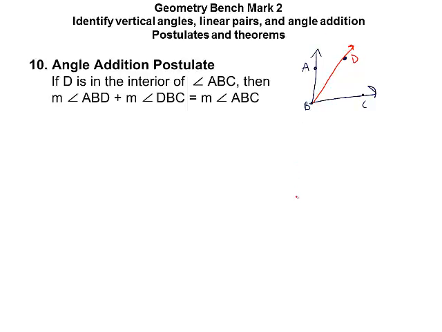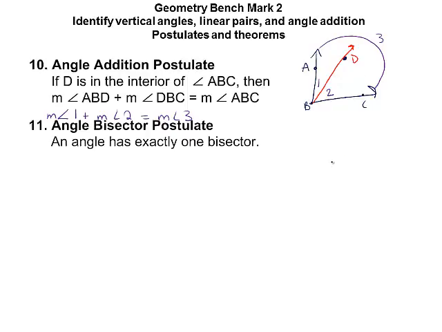So if I number them, it might make it a little easier to understand the concept. So if we have 1, 2, 3, this is saying the measure of angle 1 plus the measure of angle 2 will equal the measure of angle 3. Basically, it just says you can add two small angles together and get a big angle. If they're adjacent, if they're touching each other, the two little ones add up to the big one. Does that make sense?